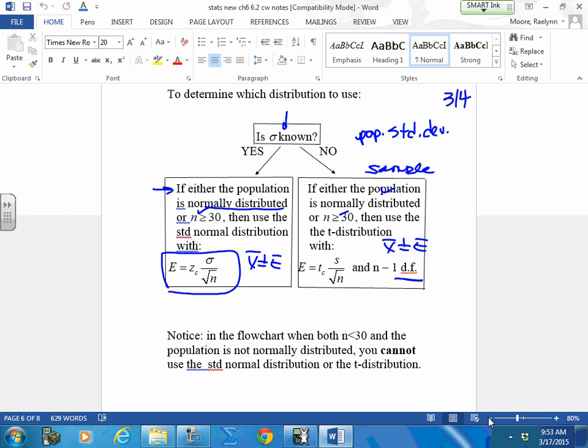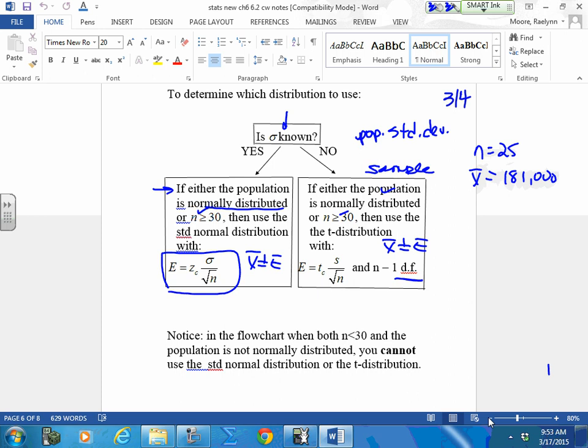So let's take a look at this example in your book. Read with me on this, because if I move this flow chart, then we won't be able to see it. You randomly select 25 new houses. So n is 25. Let's write our criteria. The sample construction cost is 181,000.